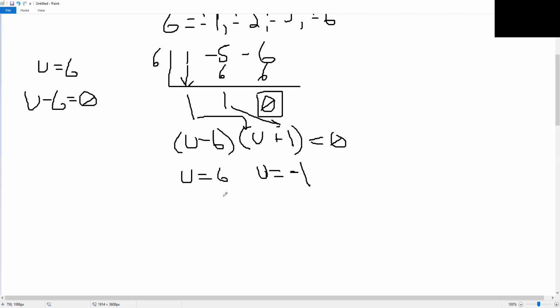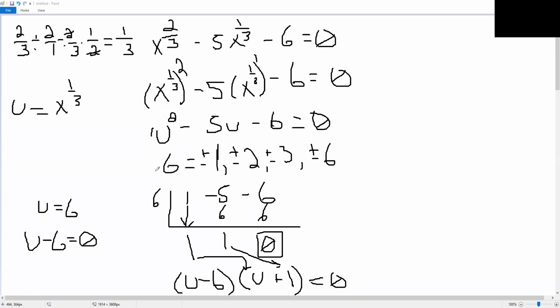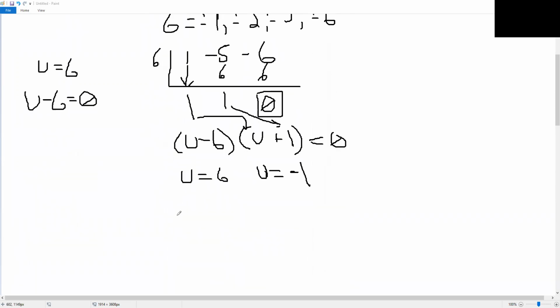Now, check our work. It can be a little intimidating because we have a 2/3. The first thing we need to do is take the u substitution and put it back. So it's x to the 1/3. So this would be x to the 1/3 equals 6. And x to the 1/3 equals -1.